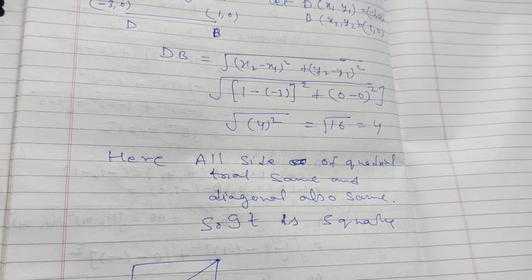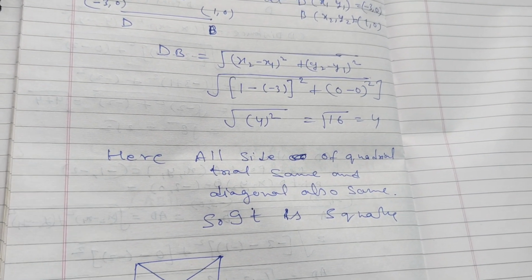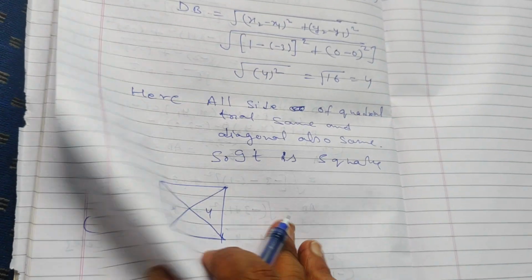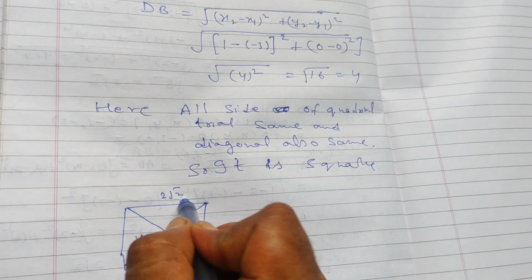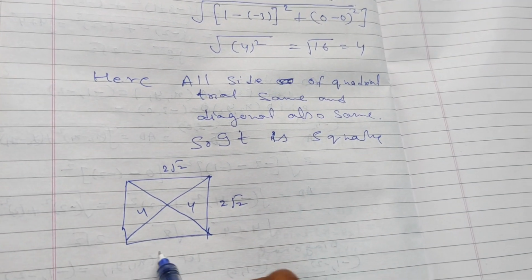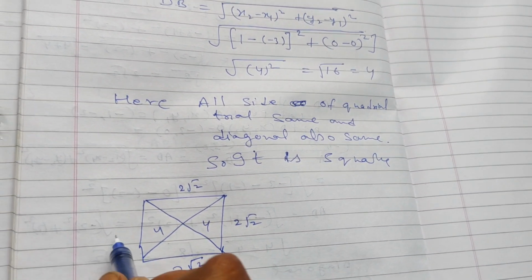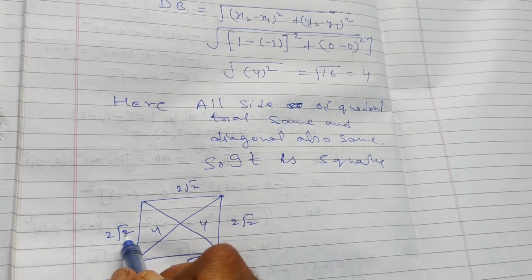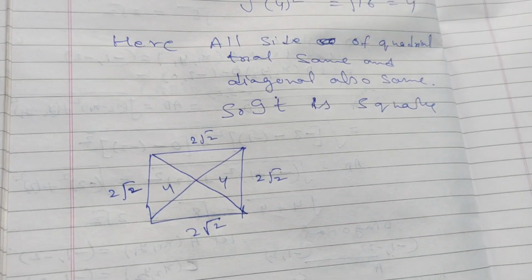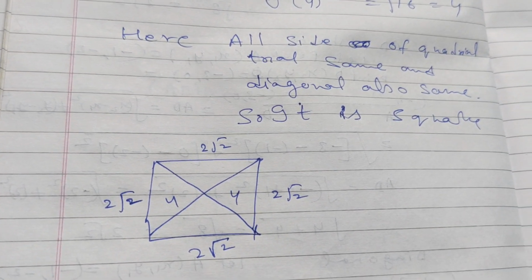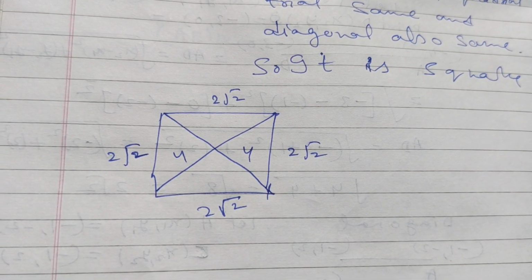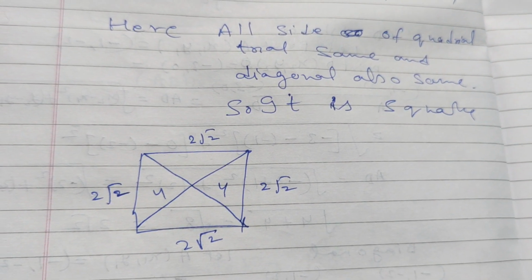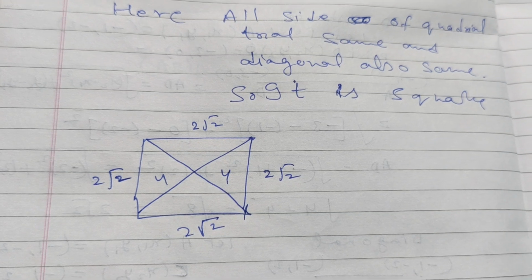The diagonals are 4 and 4, and the sides are 2 root 2, 2 root 2, 2 root 2 and 2 root 2. Hence we have proved it. Okay, thank you for watching this.